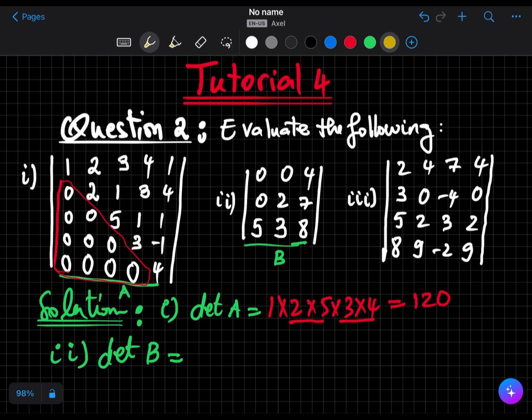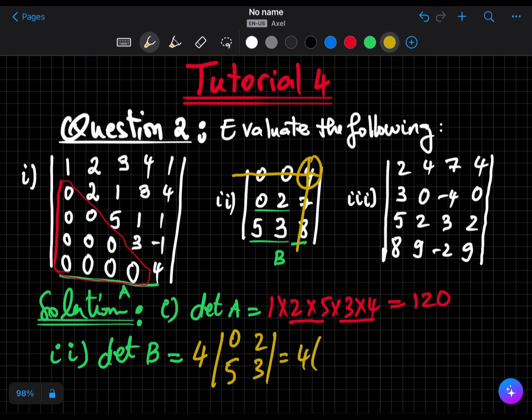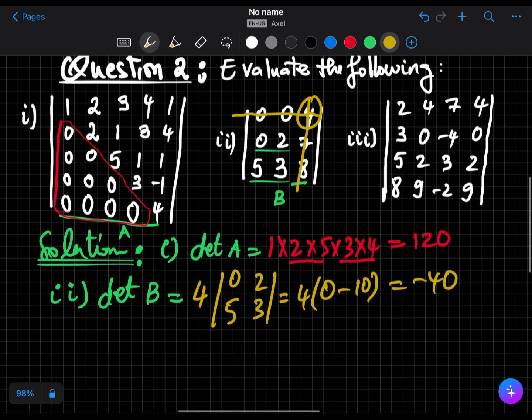So I will do an expansion along the first row, since I already have zeros here, it makes it easier. So it will be equal to 4, the pivot here, times the determinant of 0, 5, 2, 3, which is 4 times (3 times 0, 0 minus 10). It is minus 40.